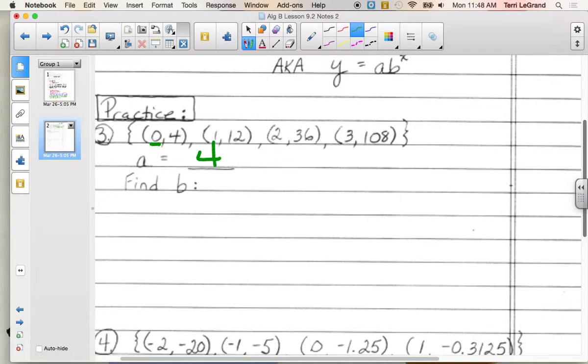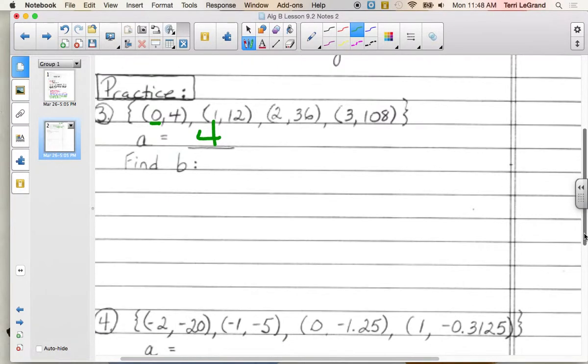Our a value is 4. Our starting value is 4. If we put these in a table in the order that they are, because the x's are in numerical order, 0, 1, 2, 3, that would be the first value of our table, wouldn't it? It would be the first value of our geometric sequence.